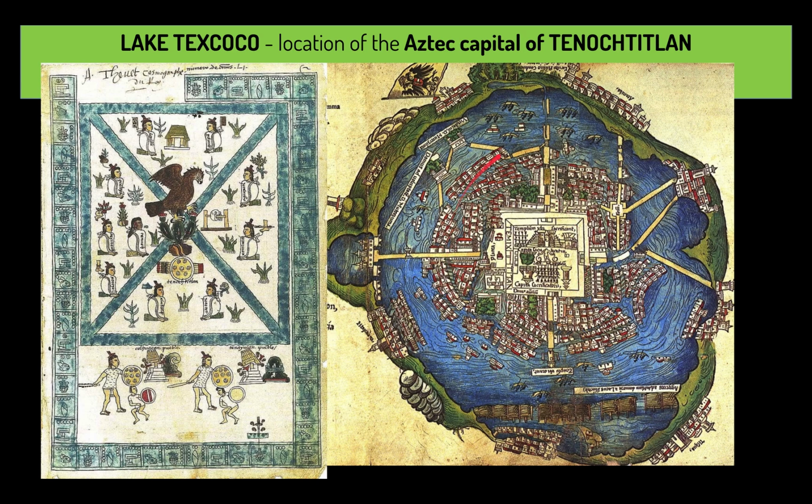Tenochtitlan was broken down into quadrants, so we seem to see on this page a very minimalized and abstracted representation of the city of Tenochtitlan, the story of its founding, with the eagle perched on top of a prickly pear, and the basic layout of the city, broken down into quadrants here.